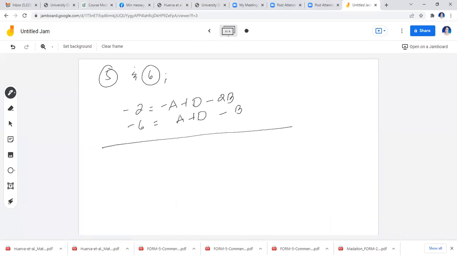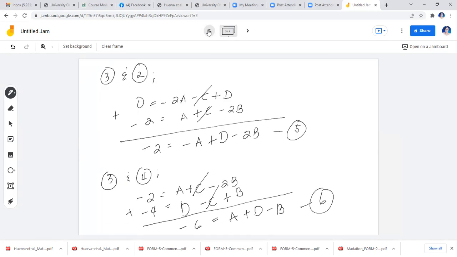If you will add, you will get the d. If you will subtract, you'll cancel the d's. This will be positive 4 equal to minus 2a, plus minus b.